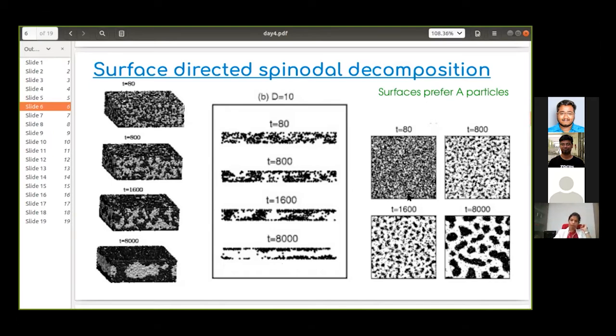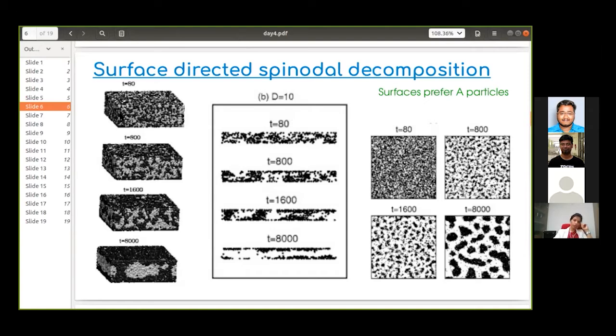At initial time you have some kind of domains which are forming, but they're very small, so it's more or less still homogeneously mixed. Gradually these domains are getting bigger and bigger. Finally you have these domains of both A and B type of particles which are forming in a slice-like way. So this is the basic mechanism which goes on during this SDSD process.